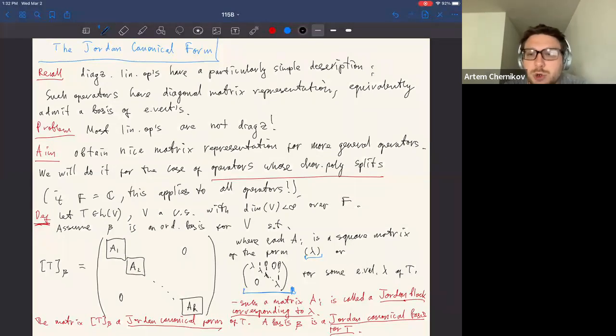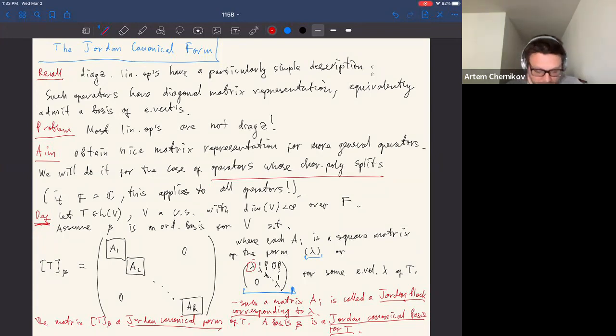So we have this new kind of matrices, which are a bit like diagonal ones, but not just as good. They consist of blocks, and each block is almost a diagonal matrix, except for these ones above each entry on the diagonal, where you can have it. Note the first entry on the diagonal is lambda. There's nothing above it, so we don't put anything above it, because it's the entry in position 1,1.